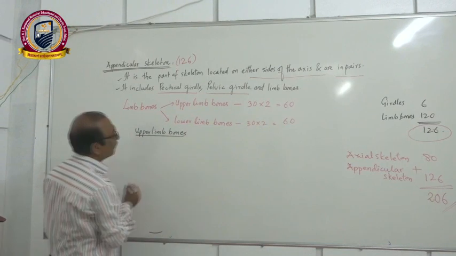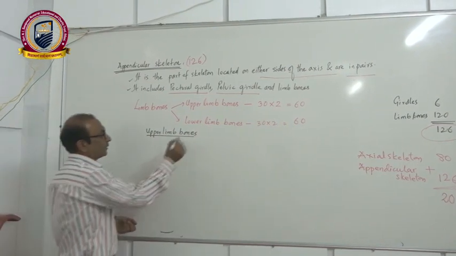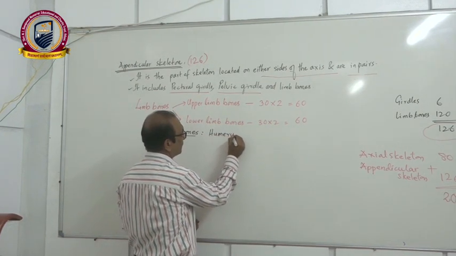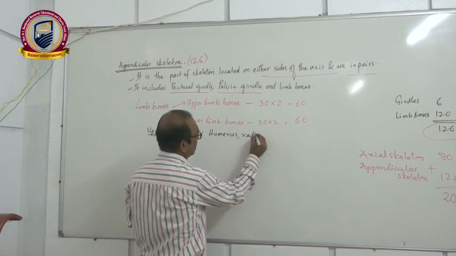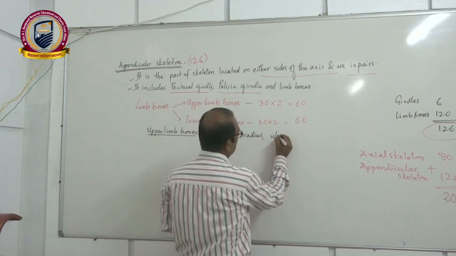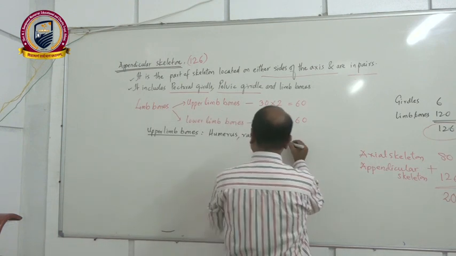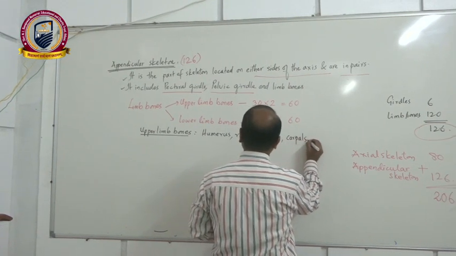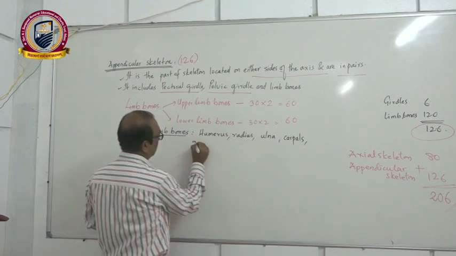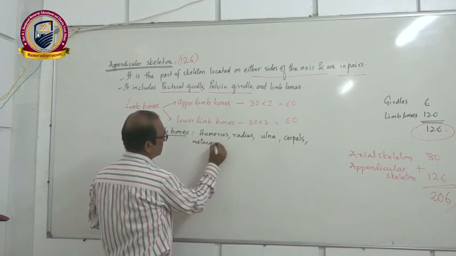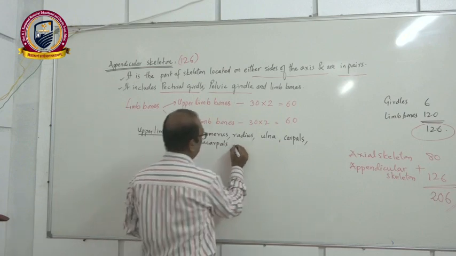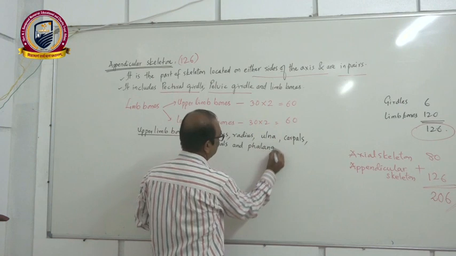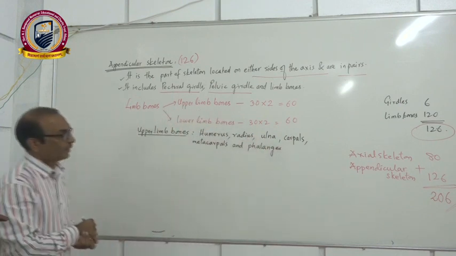So upper limb bones are humerus, radius, ulna, then carpals, metacarpals, and phalanges.